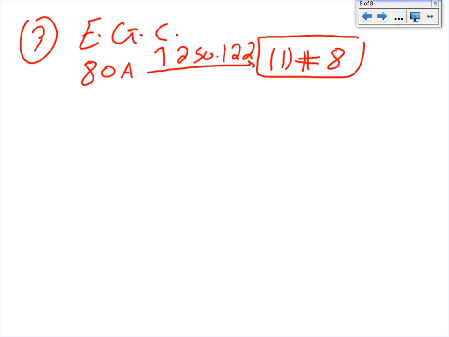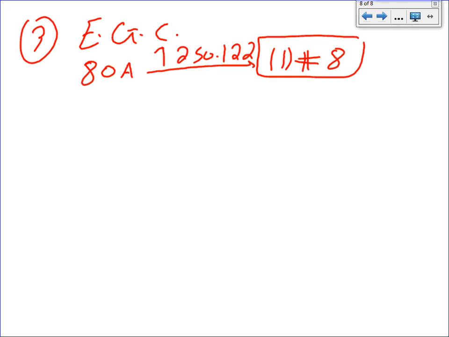It doesn't make sense, because the phase conductors are going to carry the short circuit too. If you have a short circuit, the ungrounded conductor will carry the short circuit as well as the grounded conductor. So it doesn't make sense to have one of them oversized more than the phases. The phase will be the max no matter what. Okay.